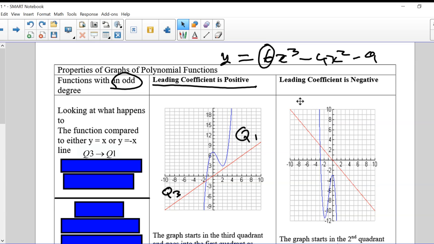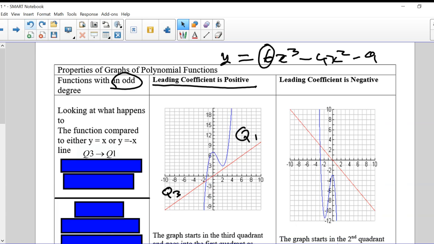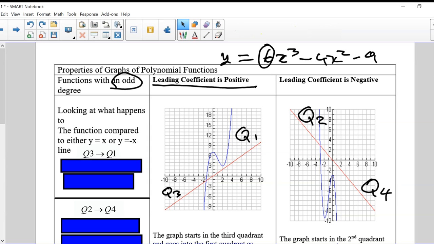It's going now from Q2, whoops, sorry. Let me go back there. It's going now from Q2 but ending up in Q4, which is what this box is saying, Q2 to Q4.